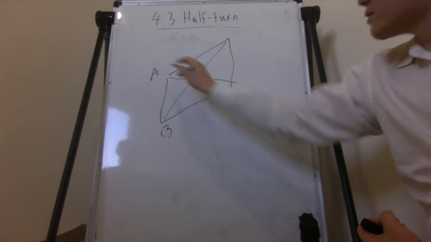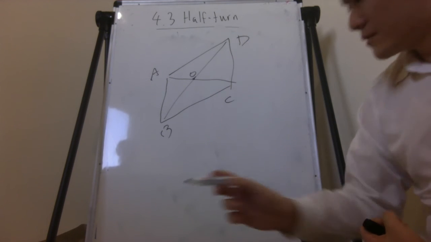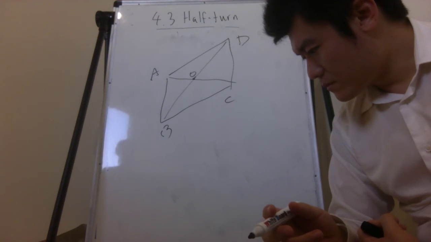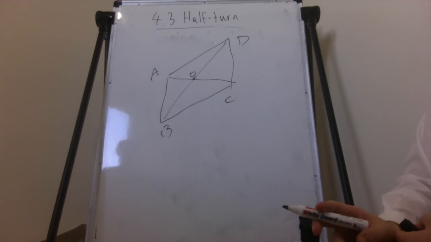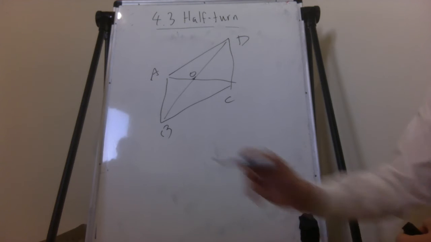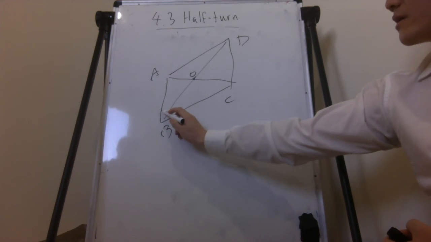B, A, C, D. The half-turn about O takes AB into CD. Does it? It takes AB into CD.